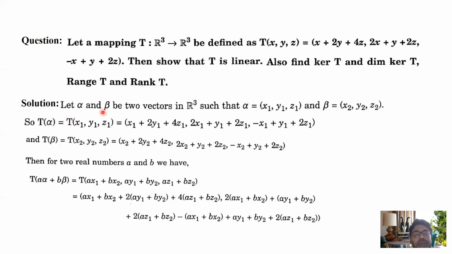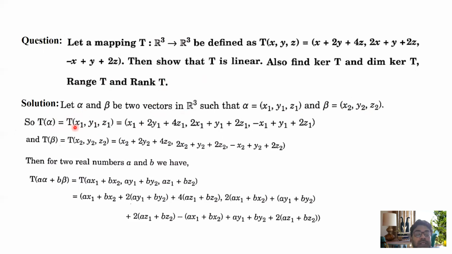Let α and β be two vectors in R³ such that α = (x1, y1, z1) and β = (x2, y2, z2). So Tα is equal to T(x1, y1, z1). I already discussed how to find the value.